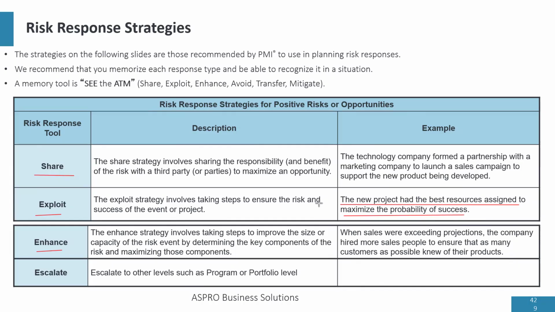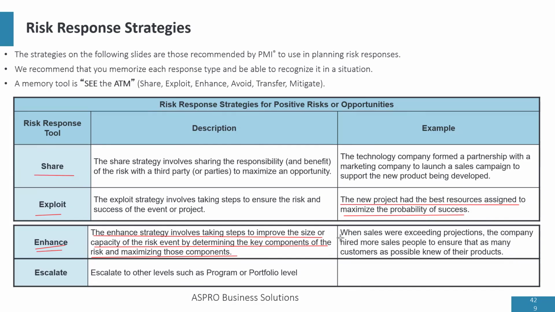You are trying to ensure that the opportunity succeeds. Enhance, the enhanced strategy, involves taking steps to improve the size or capacity of the risk event by determining the key components of the risk and maximizing those components. So enhance is just talking about increasing the opportunity of the risk.